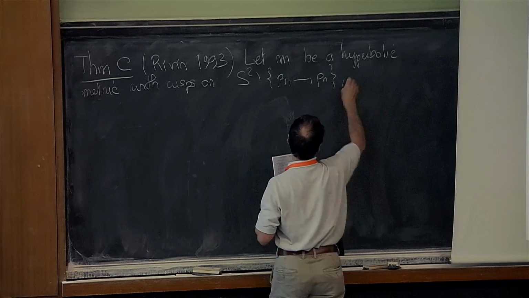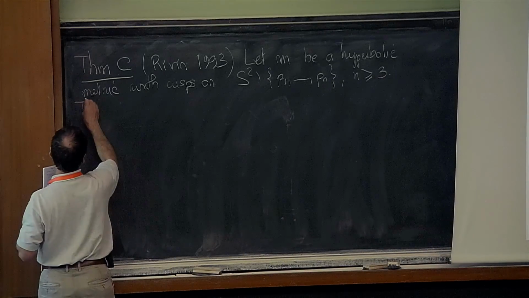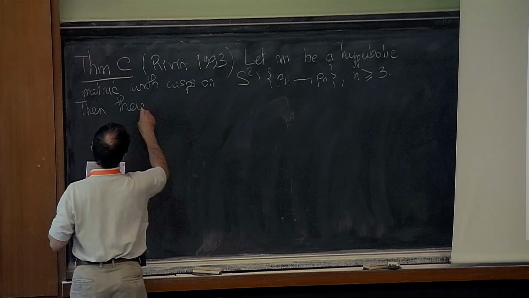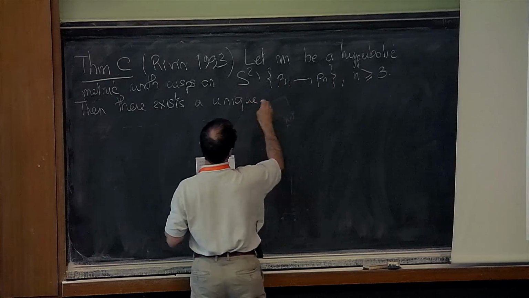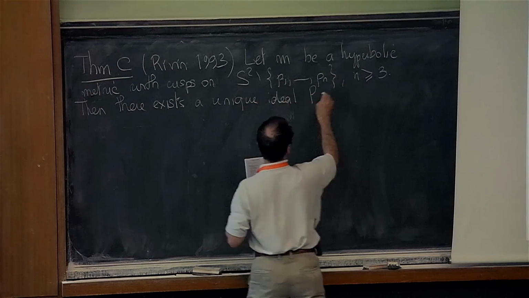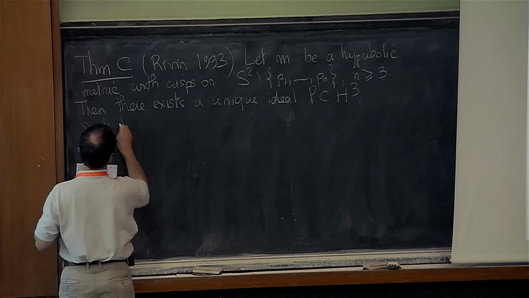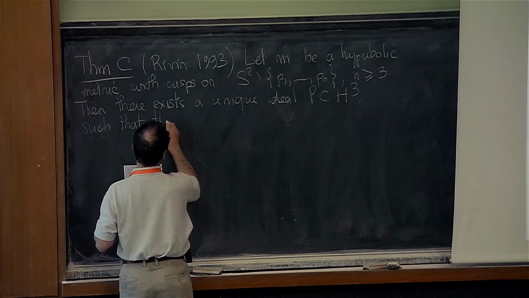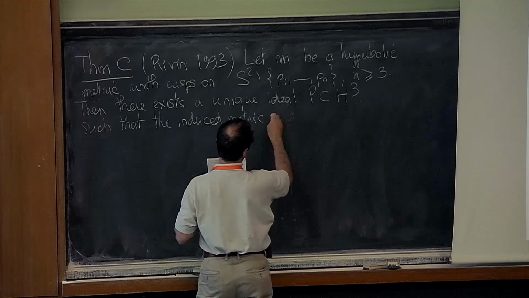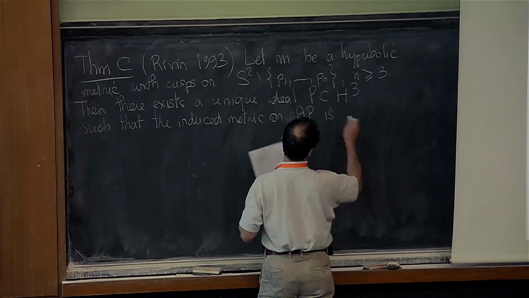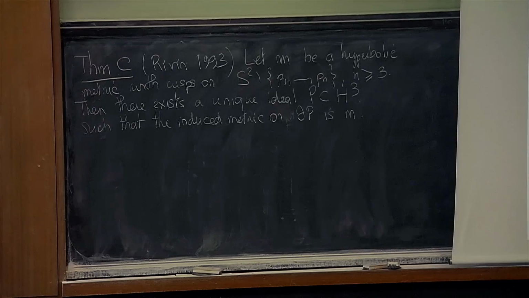I'm removing some points, and you need to remove at least 3 points. Then there exists a unique ideal polyhedron in H3 such that the induced metric on the boundary is isometric to M. I should say this is up to isotopy, but let's forget about those details.